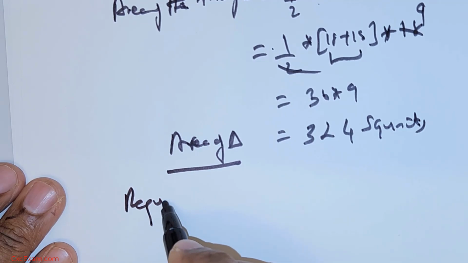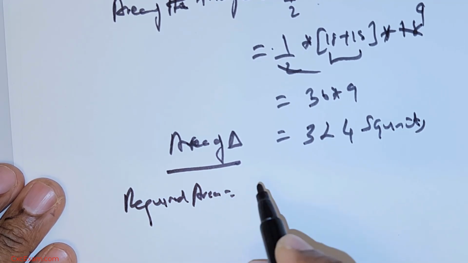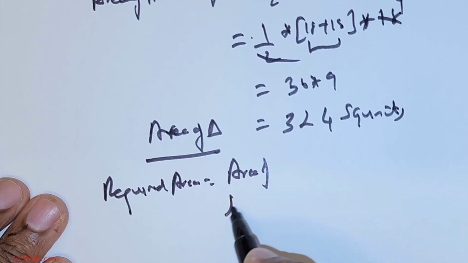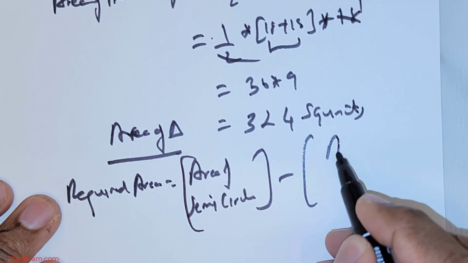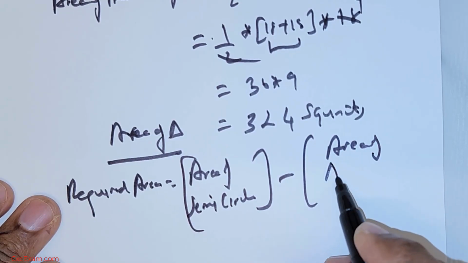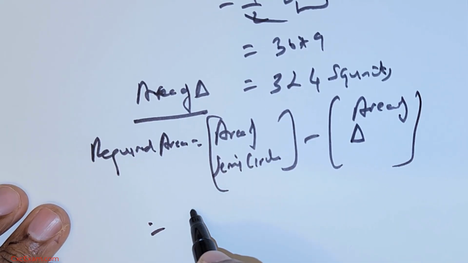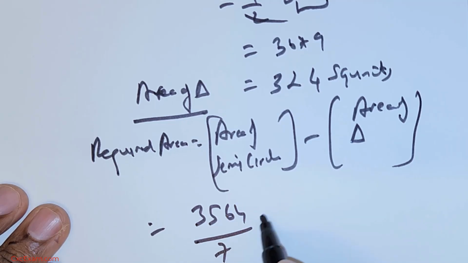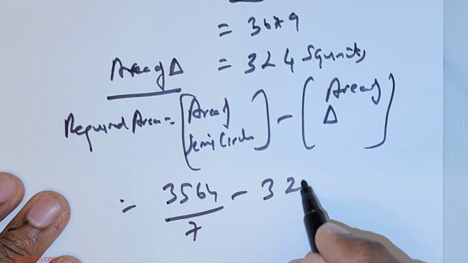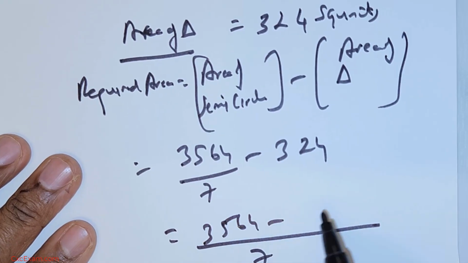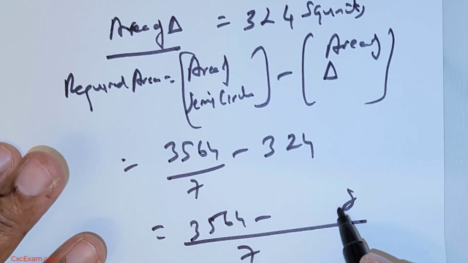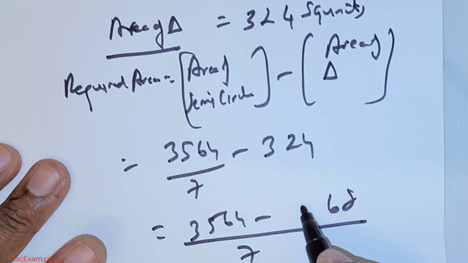So what is the required area? Required area is area of semicircle minus area of triangle. So area of semicircle is 3564 divided by 7. Area of triangle is 324. So taking 7 as the LCM, this is 3564. 7 4s are 28, 2, 7 2s are 14, 15, 16, 1, 7 3s are 21.